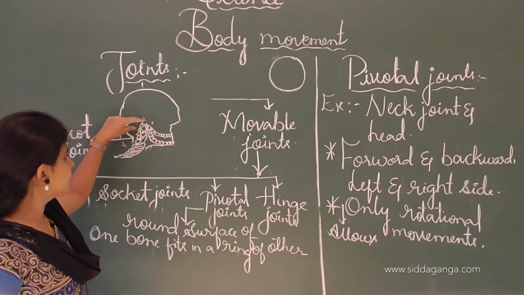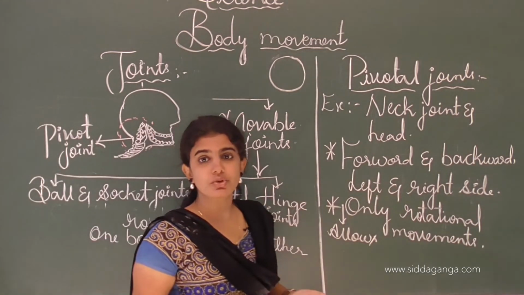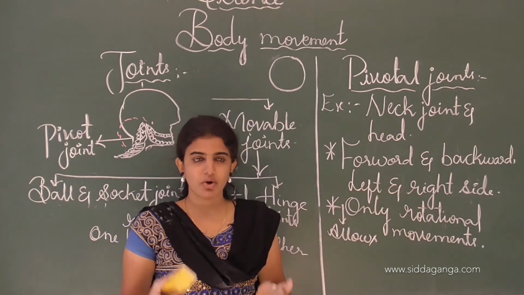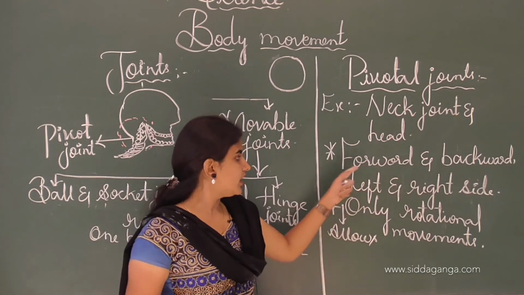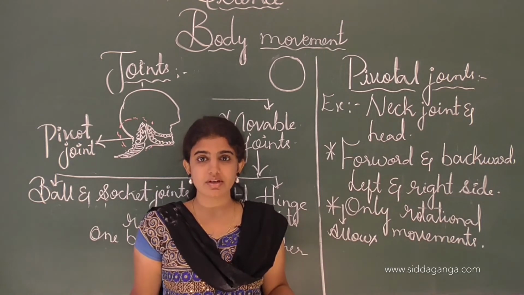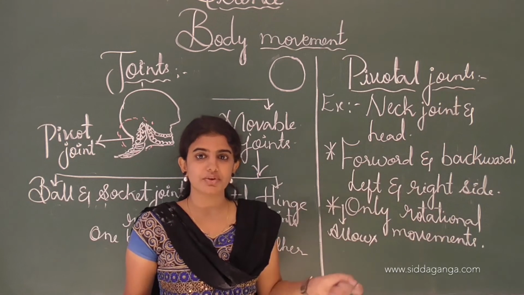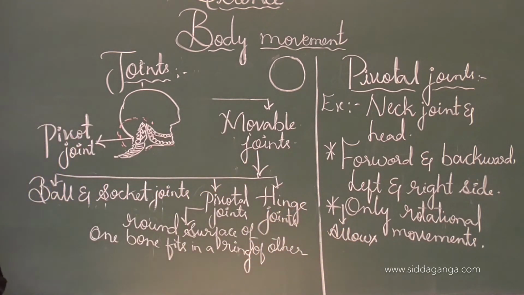These pivot joints help with forward as well as backward movements in the body, and usually in the neck and the head position it is present, and thereby we can easily turn our head to the right side as well as the left side, and these allow only rotational movements. This is all about the pivot joint.